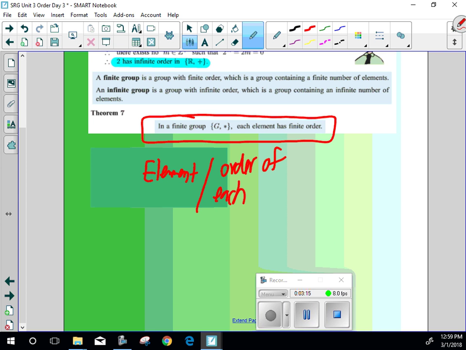So did I say that right? The number of elements in the group, and the order of each element.